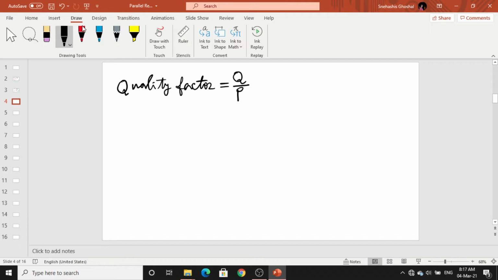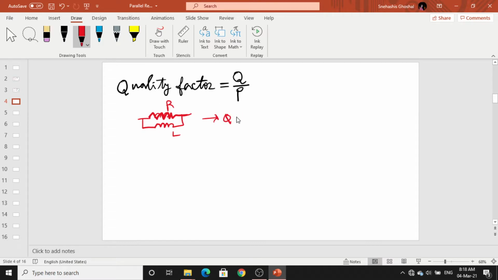So if I take an RL parallel circuit, R and L parallel circuit, in that case what will be the quality factor?